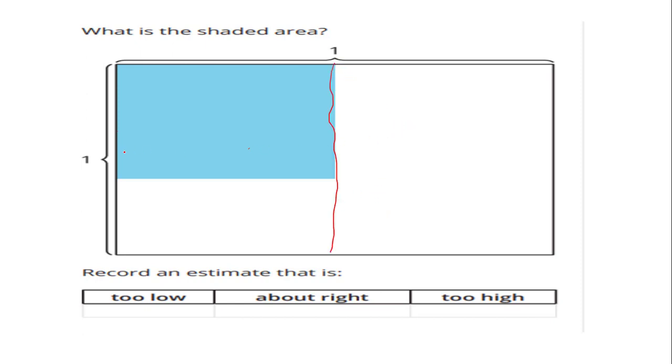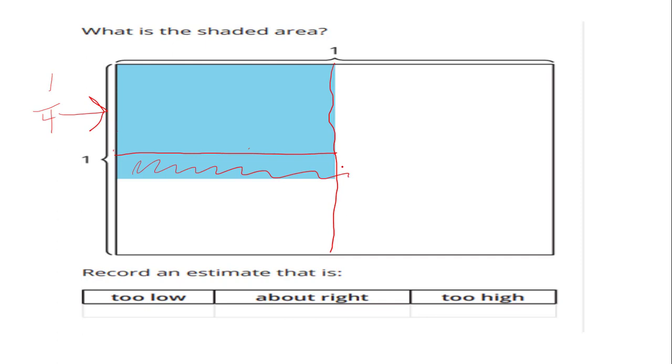So if I look at this half and divide it again, this would be the fourth. I can tell that it is more than a fourth, because half of that half is a fourth, and I can see that it's more than a fourth.